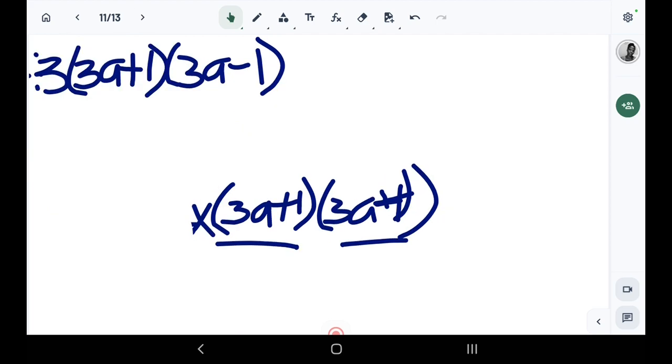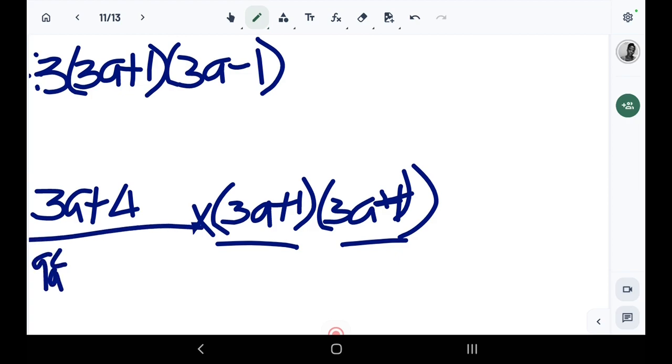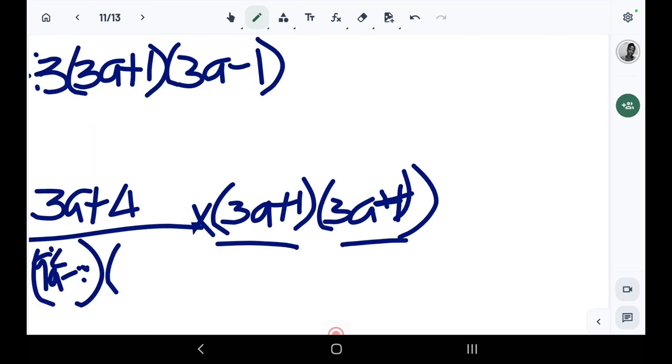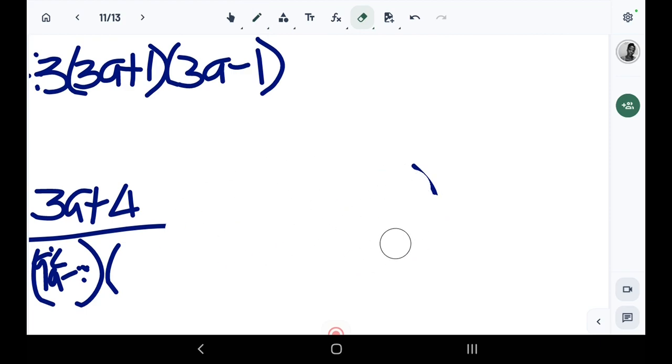So that is minus 3a plus 4 over 9a squared minus 3a plus 1. Let me write everything so that everybody can see and not get confused.